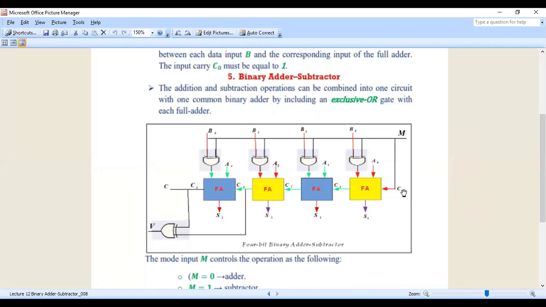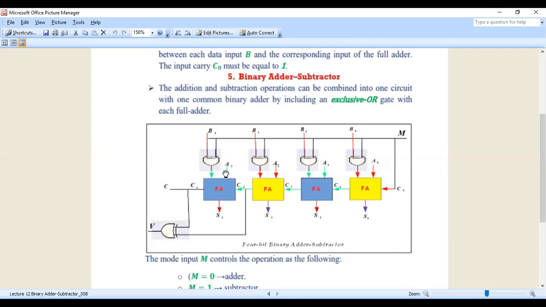Take the values, note down A is equal to 6 and B is equal to 3. What are the values here? A is equal to 6, that is 0, 1, 1, 0.